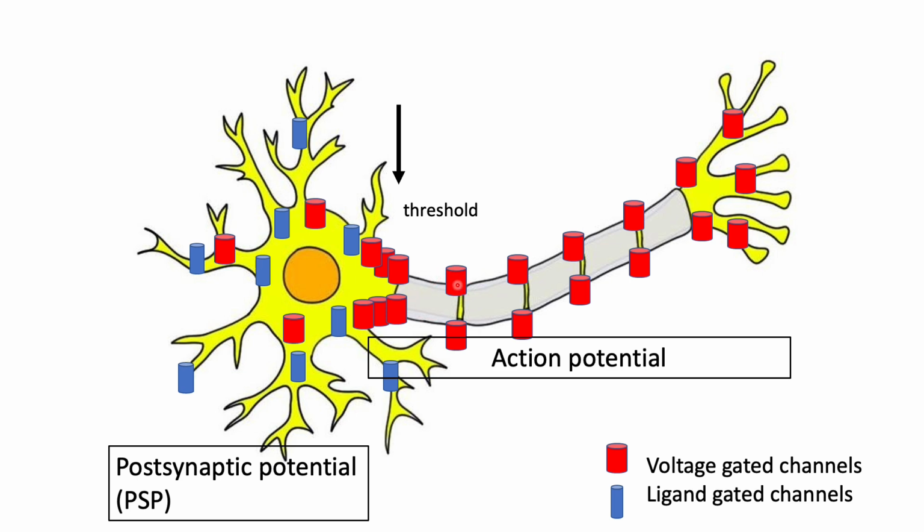So you can see here a saltatory kind of conduction of the nerve impulse to increase the speed of conduction. Then the action potential will reach the axon terminals, and then the neurotransmitters will be released. So this is where we have the action potential. This is a graded type of potential, or a postsynaptic potential.